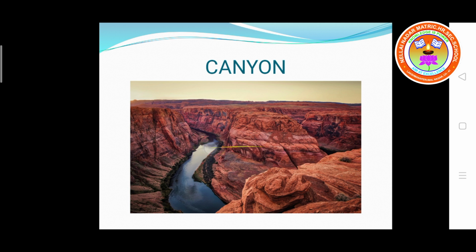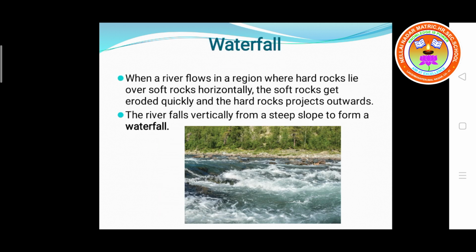See slide number 14, waterfall. What is called waterfalls we are going to see. When a river flows in a region where hard rocks lie over soft rocks horizontally, the soft rocks get eroded quickly and the hard rocks project outwards, called waterfalls. You would have seen many waterfalls.